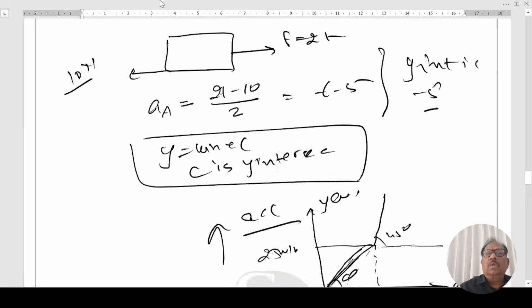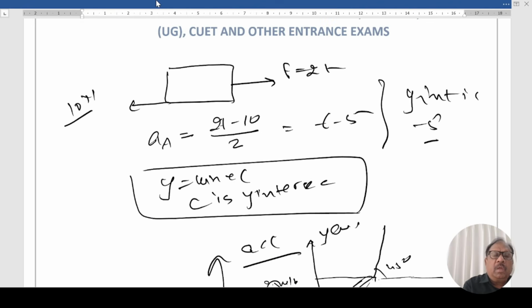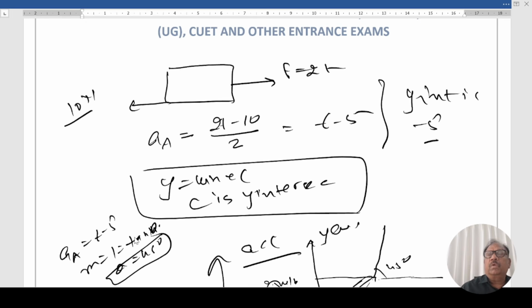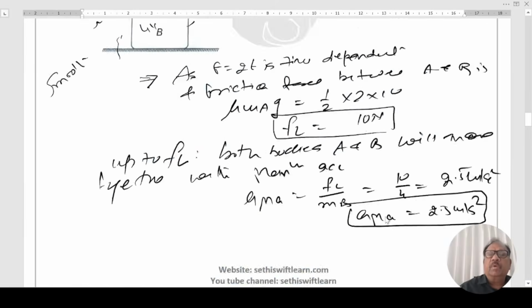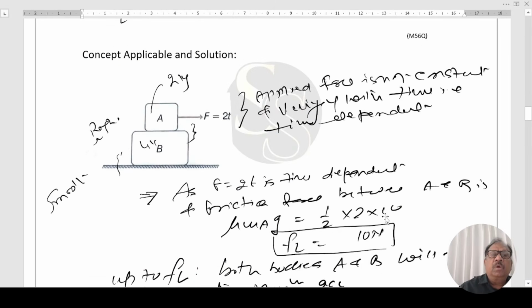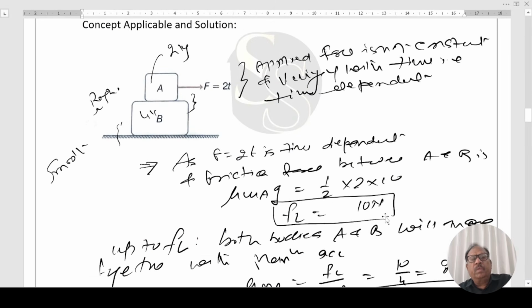In this case, you see, a equal to T minus 5, so m is 1, that is tan theta equal to 1, theta equal to 45 degree. So again repeating the complete procedure: two bodies are given, one is rough, one is smooth.